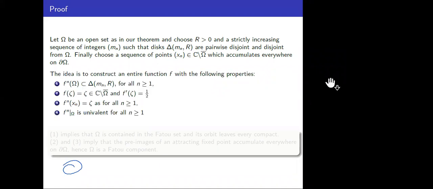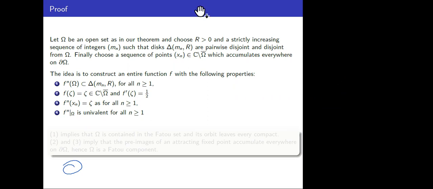So the idea is to construct an entire function with the following properties. The first one is that if you focus on your initial domain omega, its iterates are mapped or contained inside these bounded balls which are going to infinity, right? So this will give you a normality somehow.